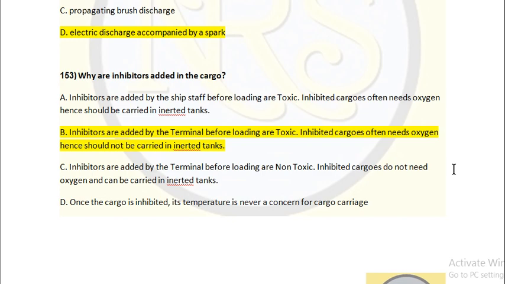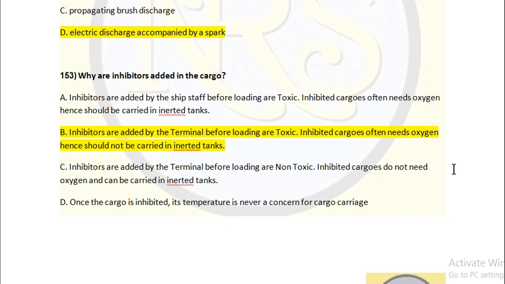Inhibited cargoes often need oxygen, hence should not be carried in inerted tank. Option C. Inhibitors are added by the terminal before loading and are non-toxic. Inhibited cargo do not need oxygen and can be carried in inerted tank. Option D. Once a cargo is inhibited, its temperature is never a concern for a cargo carrier.